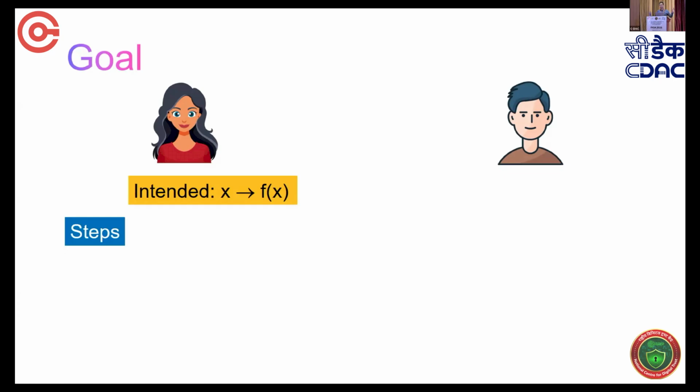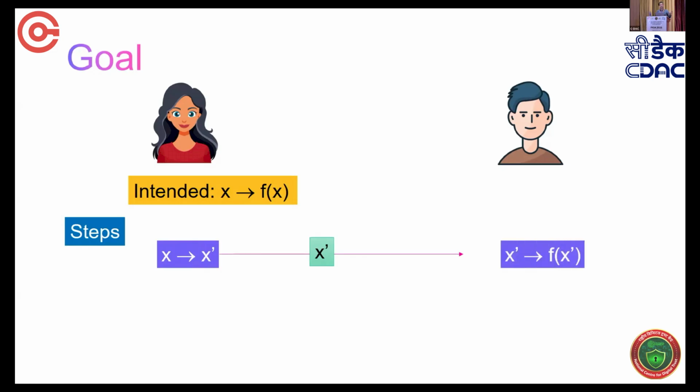So my intention is that I have some input and I want to run some function on it. For that, first I will mask my input. Then I will send it to the quantum computer and let it do the operation on that. Once I get back this operation, somehow from this f(x) dash, I have to get my original f(x).